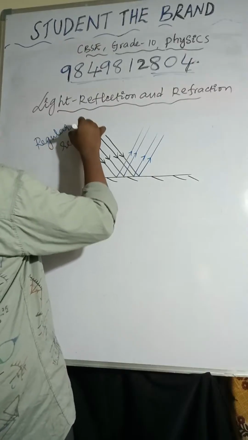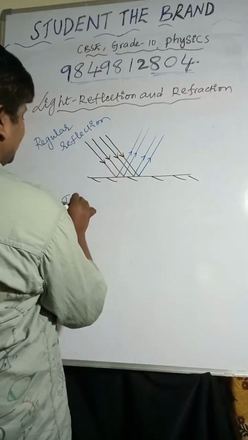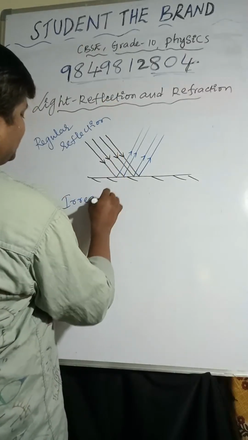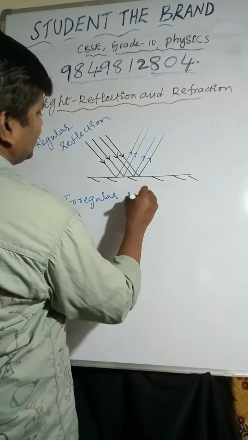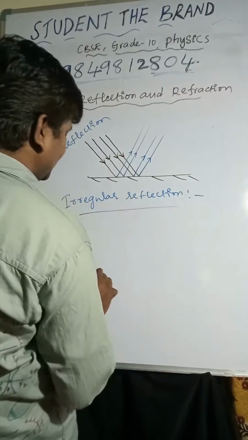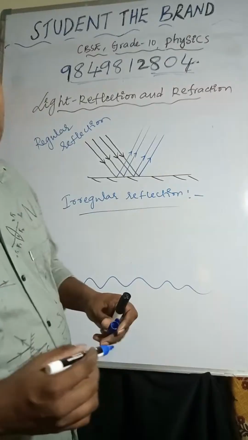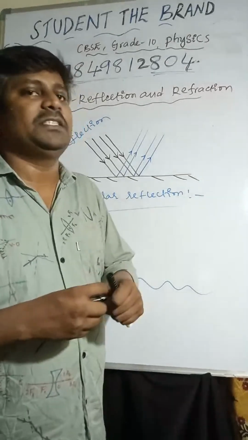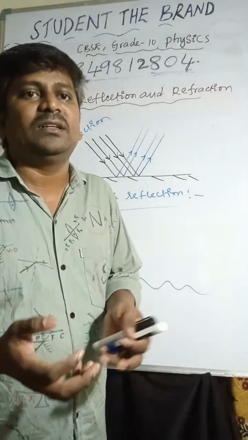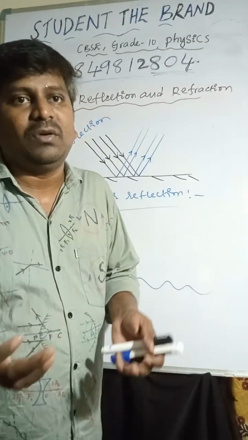Coming to irregular reflection, I'm taking a rough surface. Here it is the plane surface. Regular reflection takes place on a smooth surface and still water.